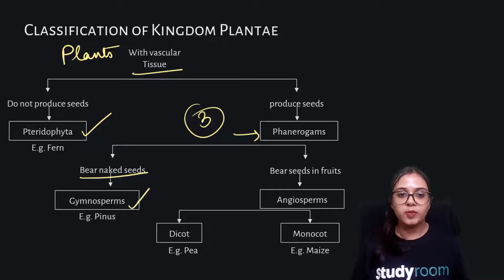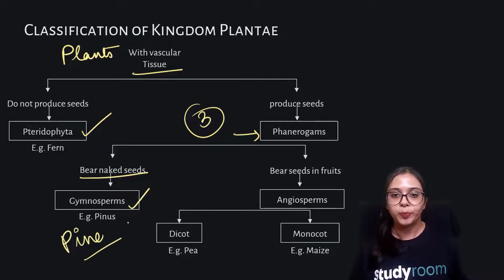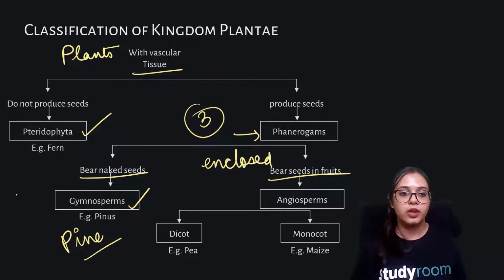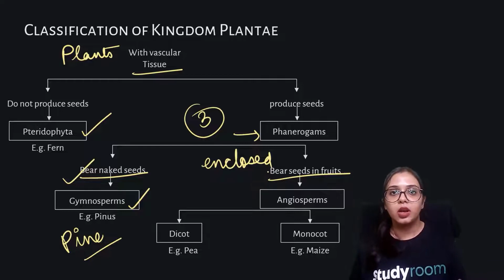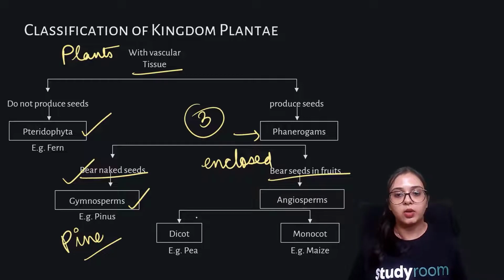These are the Gymnosperms. An example is Pinus, the pine seeds example that I gave you. And the other category is plants that bear seeds enclosed in an outer structure, that are not naked. These structures are fruits. So these are the Angiosperms, and Angiosperms are further divided into dicots and monocots.